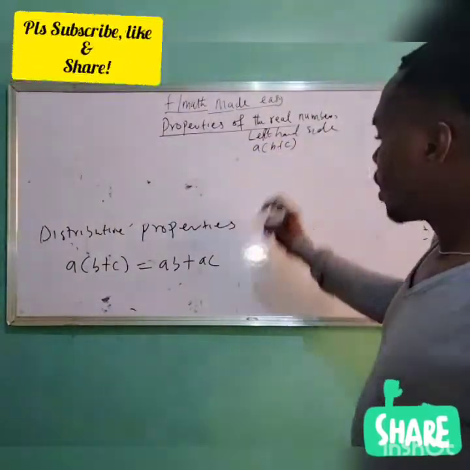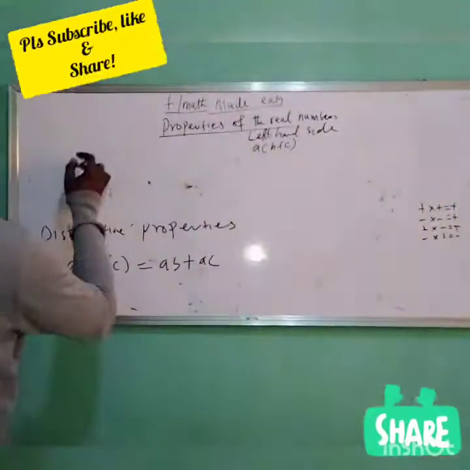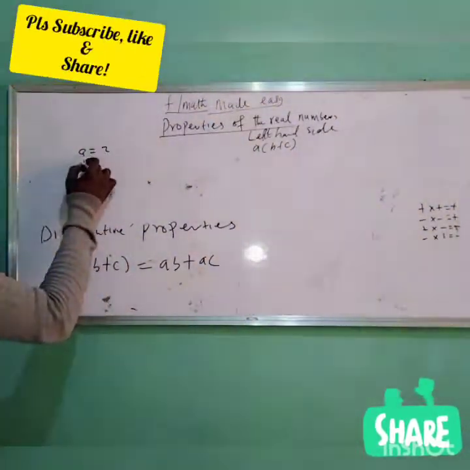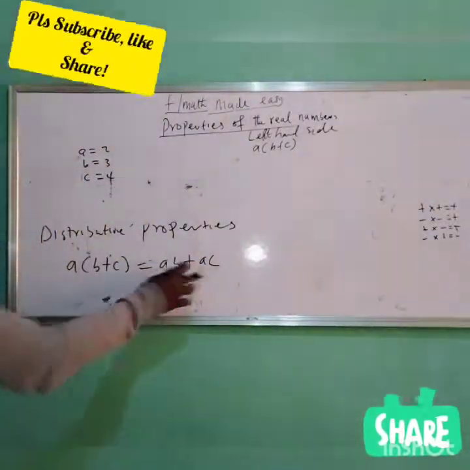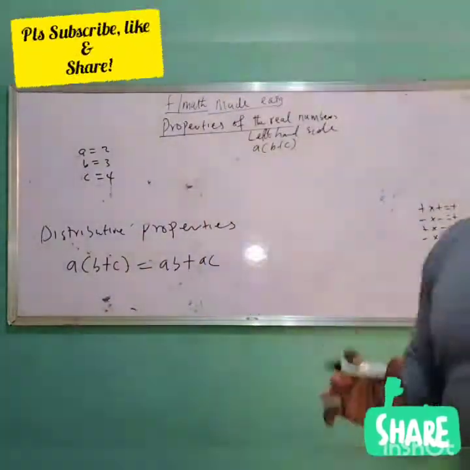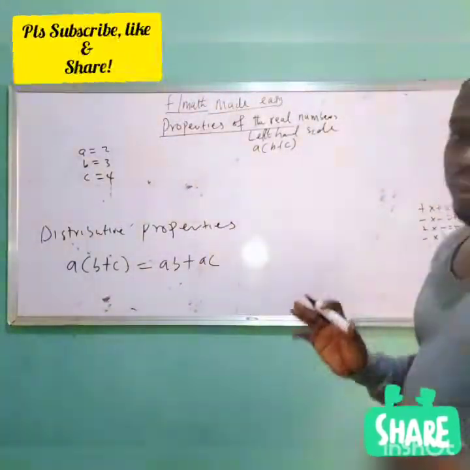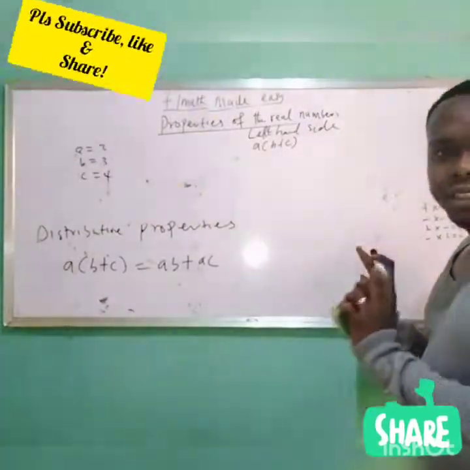And what is our a? I said our a is 2, b is 3, and c is 4. So whatever we get, we must get them clear. So, solving the left hand side, please ensure you take your notes properly and do not write scattered as I've written on the board, please.